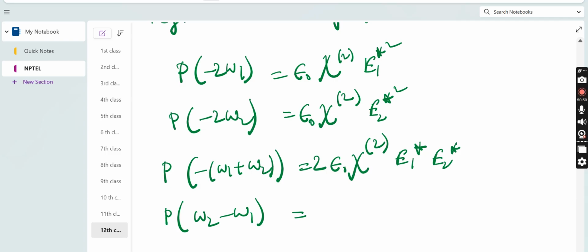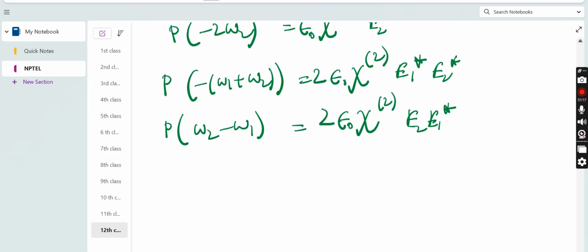So omega 2 minus omega 1 is basically minus omega 2 minus omega 1. So those are the negative frequency components.